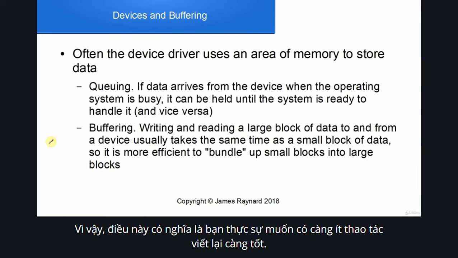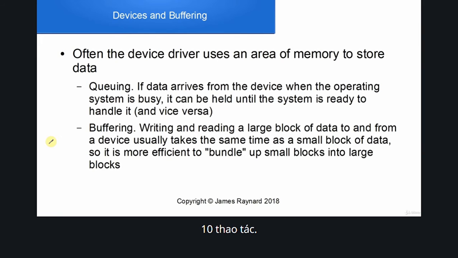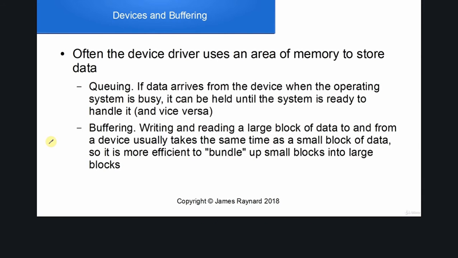So this means you really want to have as few read-write operations as possible. For example, if you have 10 bits of data which are each 1 kilobyte, if you write them separately, that's 10 operations. If you store them up and write them as a single 10K block, that's just 1 operation. So that's going to be 10 times faster roughly.